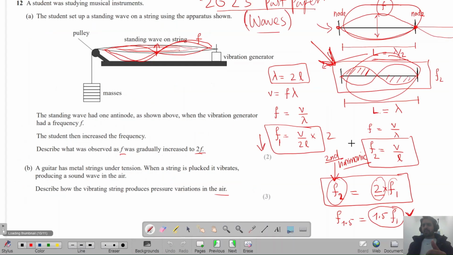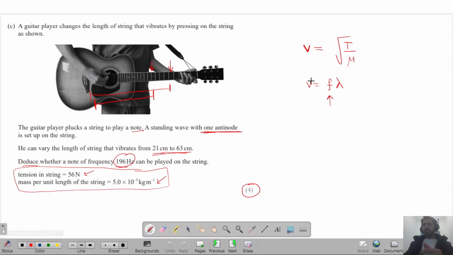I already explained that the length of the string can be related to the wavelength, right? So wavelength can be derived from length, and also the length can be derived from the wavelength. So you see this length here, wavelength here, it has inside it information about length, these numbers.